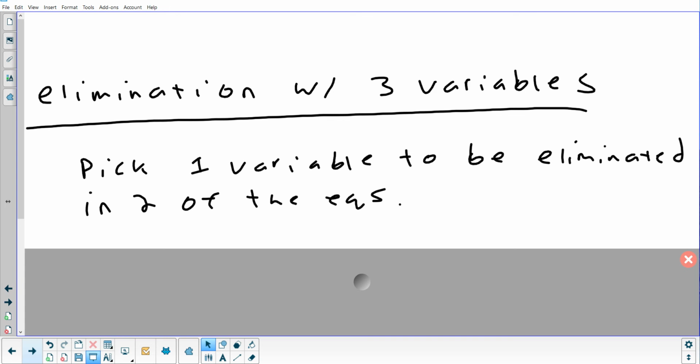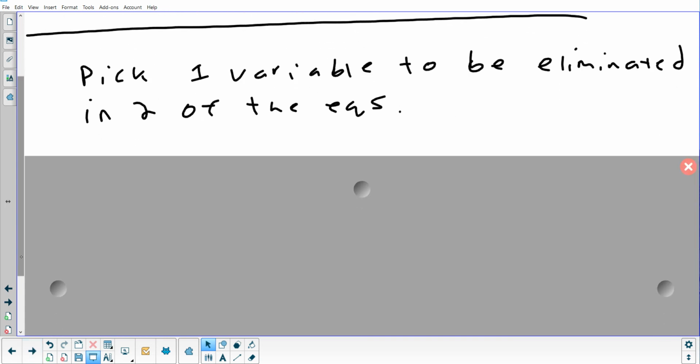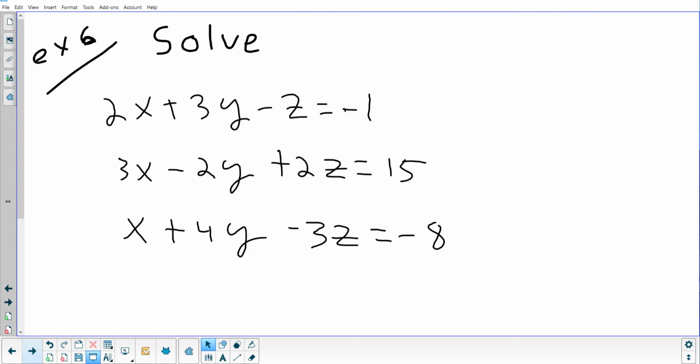But we're going to pick a variable to eliminate in 2 of the equations. In general, try to pick an equation that has a variable with a coefficient of 1. So if I see something that has a coefficient of 1, that's probably one of the equations I'm going to use.